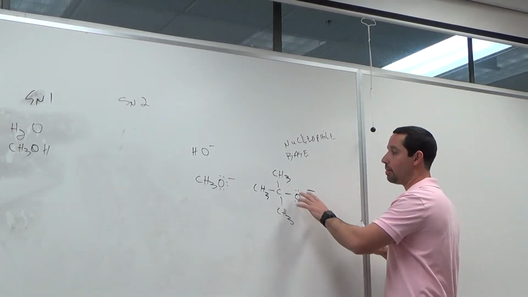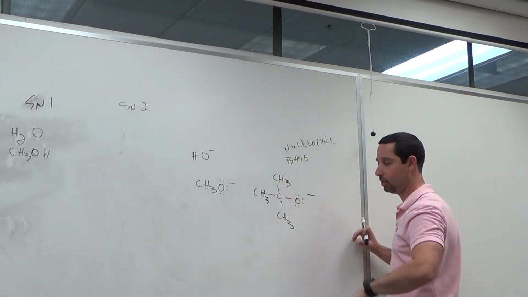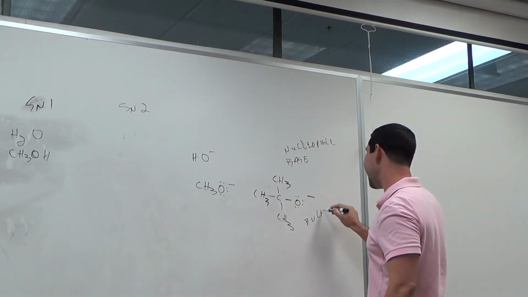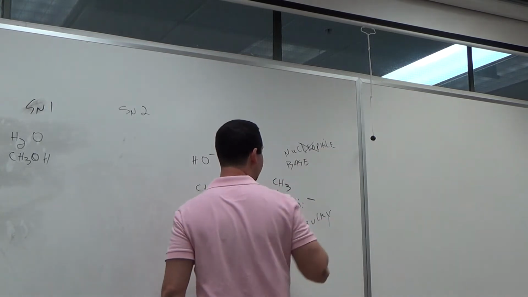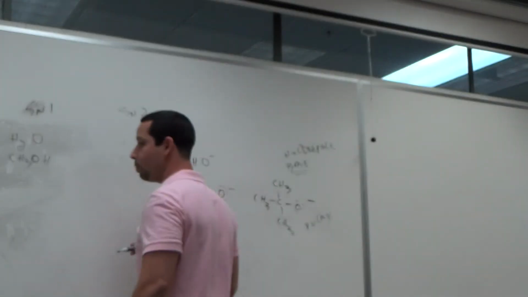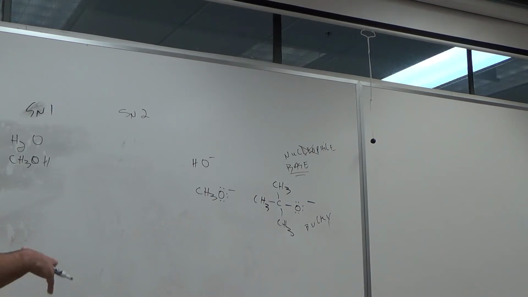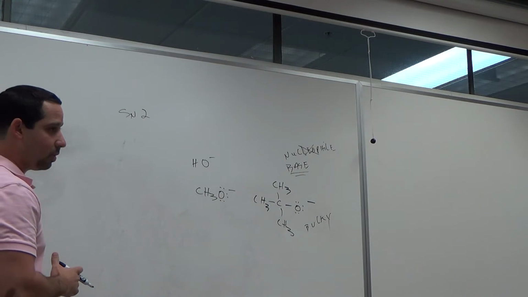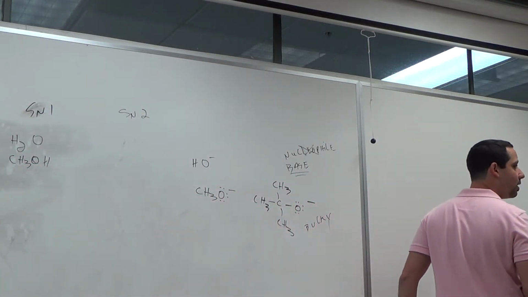So most of the time, when the base or the nucleophile is hindered or very bulky, it will not act as a nucleophile. It is going to act like a base. And what do bases like to do? Abstract a proton. It likes to take a proton off from somewhere. And that is going to be the topic of the next conversation, which are called elimination reactions.